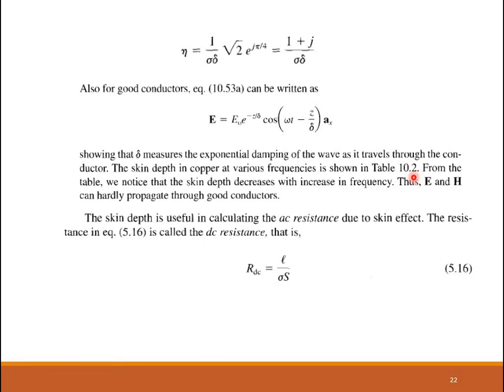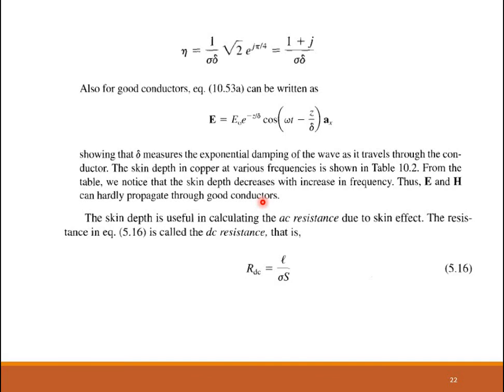For a pure conductor or a perfect conductor, will you have electric field inside? No, E is 0. So that is justified in terms of the skin depth. So that is the concept about skin depth.